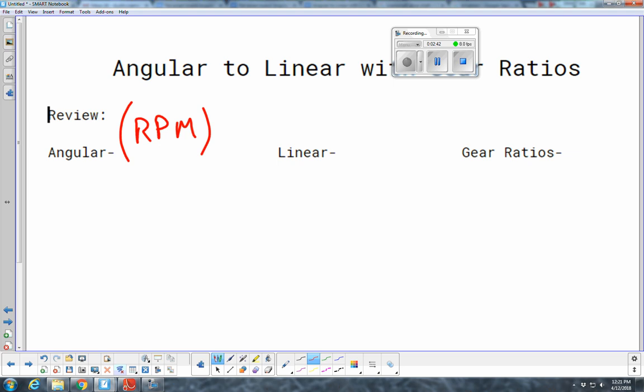Does anybody remember what the formula is for angular speed? Okay, angular speed is going to be omega, which is equal to the linear velocity divided by the radius. That was that thing that we learned before, right? So V was linear velocity, R was radius, and the looking W is omega. All right, so that's how that's related.